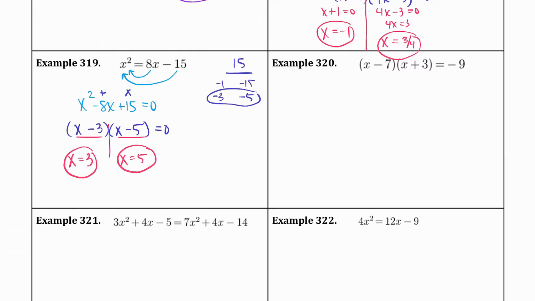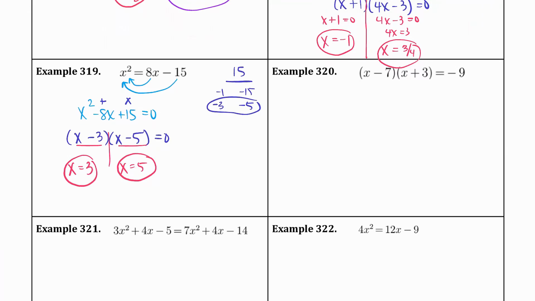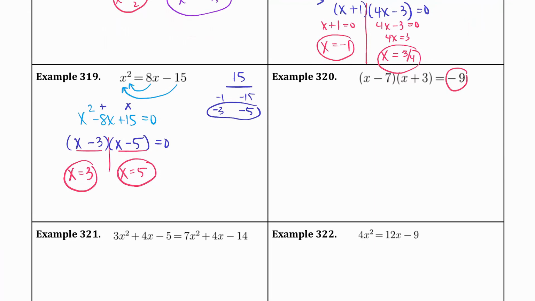Okay, example 320. This one looks like it's set up for us to solve, but notice we don't have 0 on the end here. And to use our zero product rule, we have to have it equal 0. So we need to make sure this is set equal to 0. In order to do this, I'm going to distribute this left side. I end up with x squared plus 3x minus 7x minus 21 equals -9.